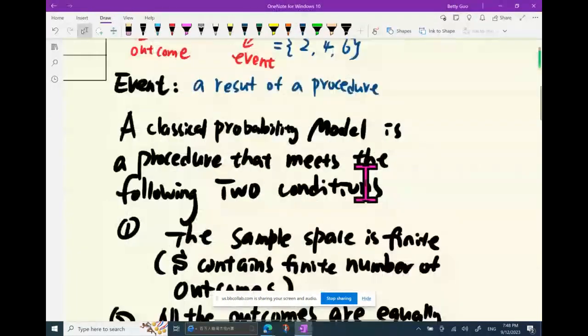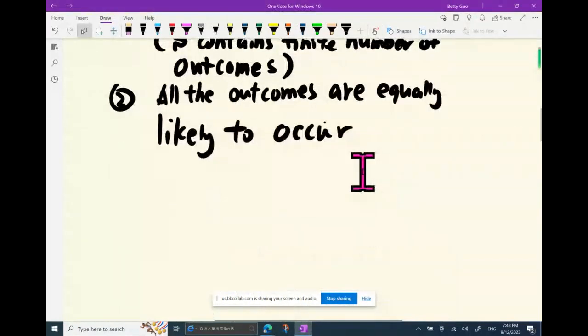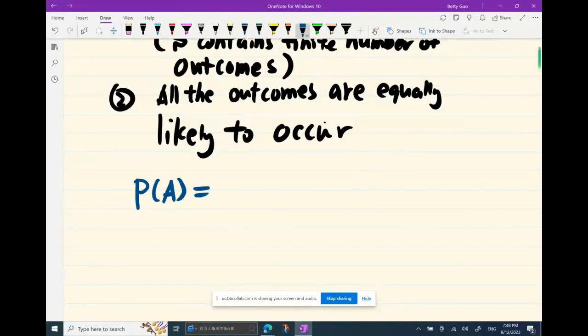Okay, so if we have a classical model, this is the formula for us to compute the classical probability. When we talk about probability, we don't just say probability equals what? We have to say probability of what? Probability of an event. We use capital letters A, B, C, D to represent events.